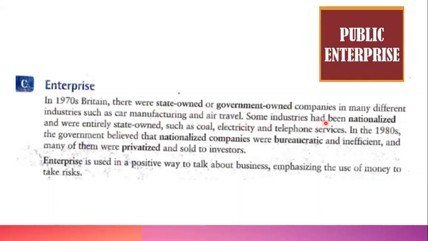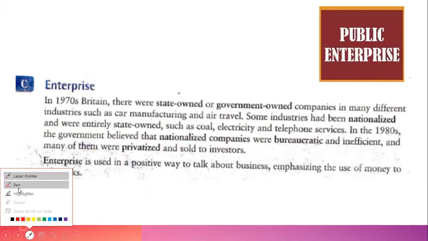Some industries had been nationalized and were entirely state-owned, such as coal, electricity, and telephone services. In the 1980s, the government believed that nationalized companies were bureaucratic and inefficient, and many of them were privatized and sold to investors. And these are the main words in this paragraph.